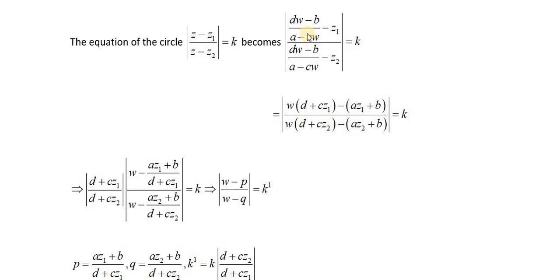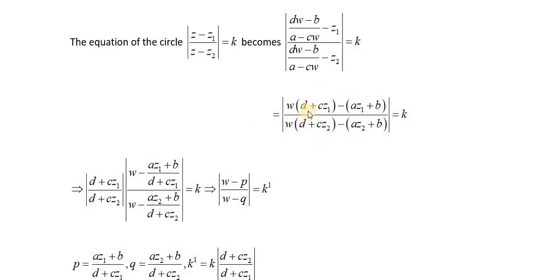Then we are going to get this term as numerator, this term as denominator. Again in the denominator also take LCM. Then we are going to get this term as numerator, this term as denominator. So A minus CW, here also A minus CW get cancelled. Then we are going to get this step.